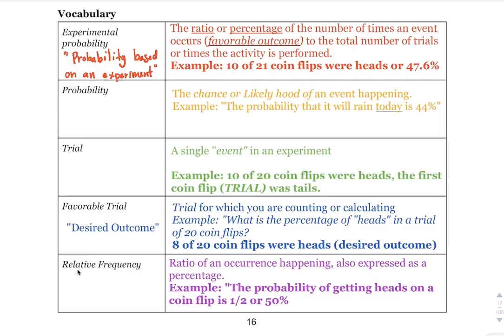But in our experiment, not everybody got 50%. So experimental probability is what you get from an experiment. It is close to and approaches your expected or theoretical probability.